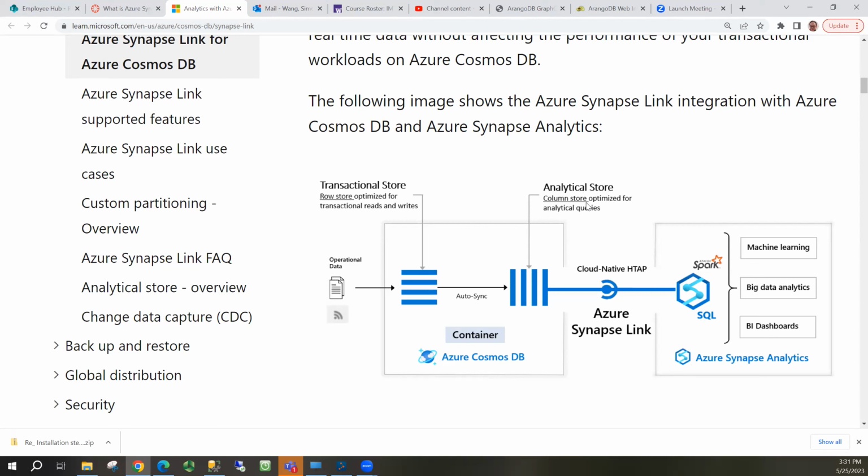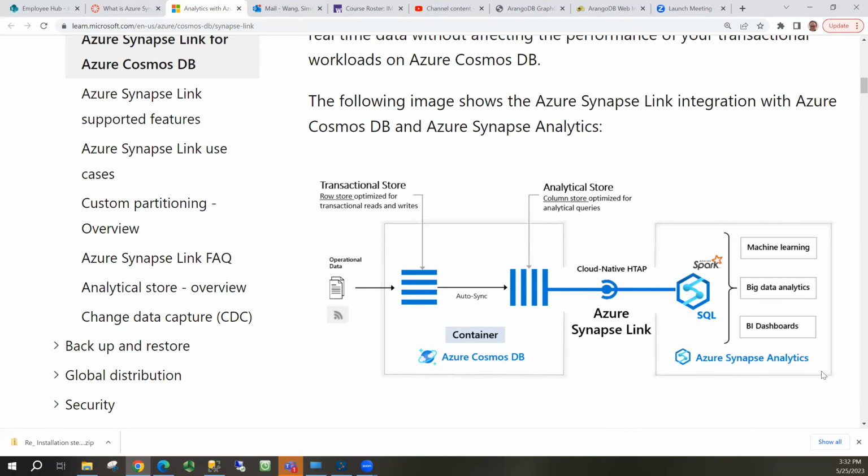And the Synapse uses this, okay. And your Cosmos DB uses this row store, because Cosmos DB is for transactional workloads. And then for data warehousing, we use this column store.